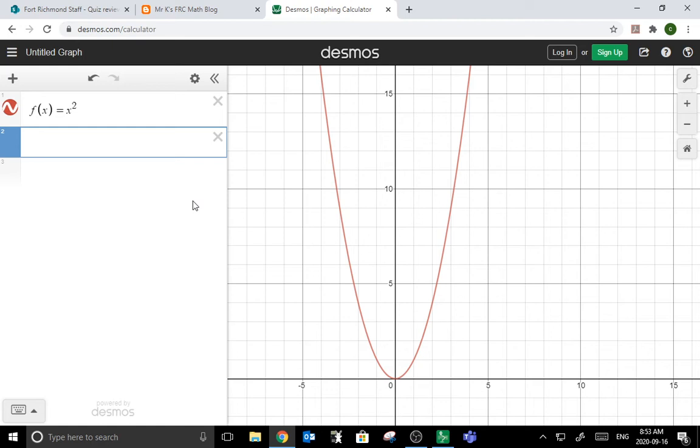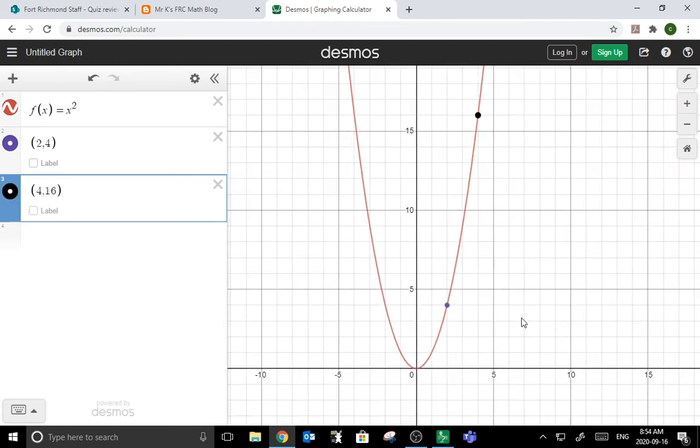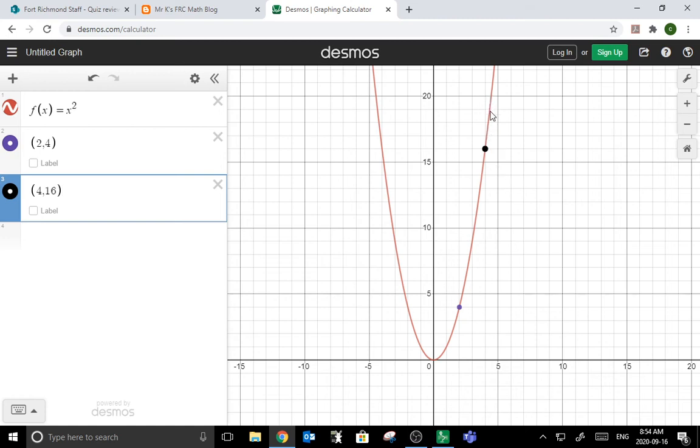So when I have the points 2, 4, and I have the point 4, 16. Imagine now a line that goes through those 2 points, a straight line. My job is to find its slope, right? So how do I do that? How do I find the slope?